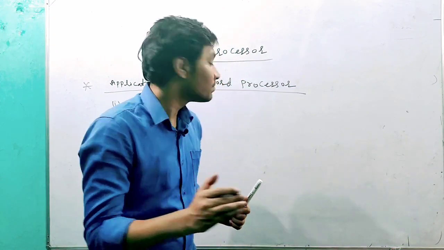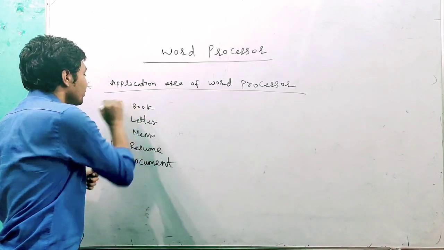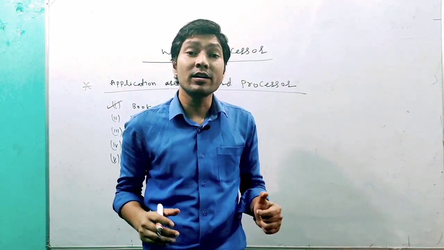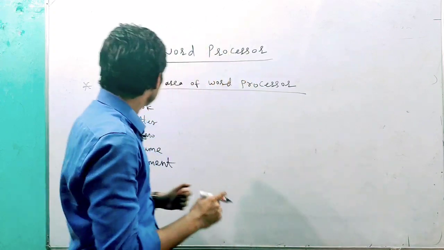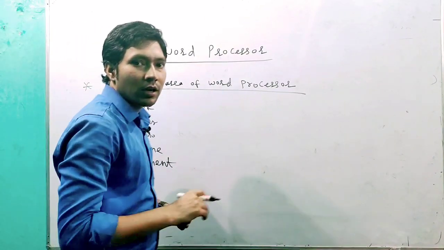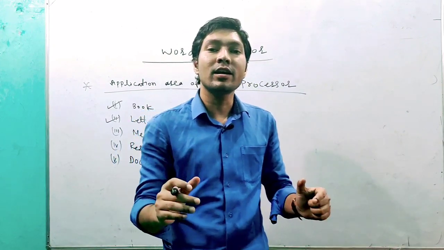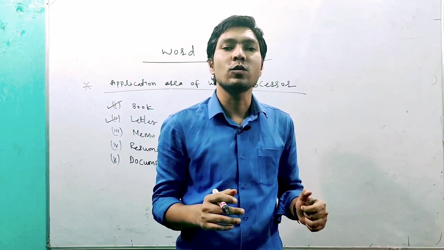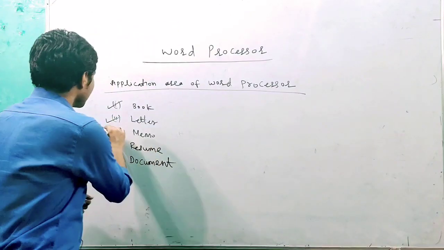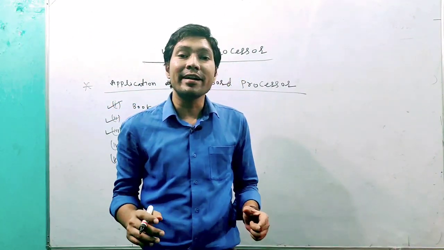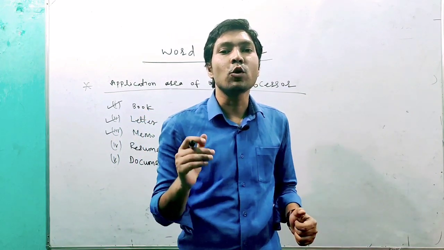Now moving to the next topic, application areas of word processor. Number one is book. You can use a word processor to write a book. Next is letter. A word processor can be used for writing or creating a letter. Next is memo. It is used for generating memos for the employees.